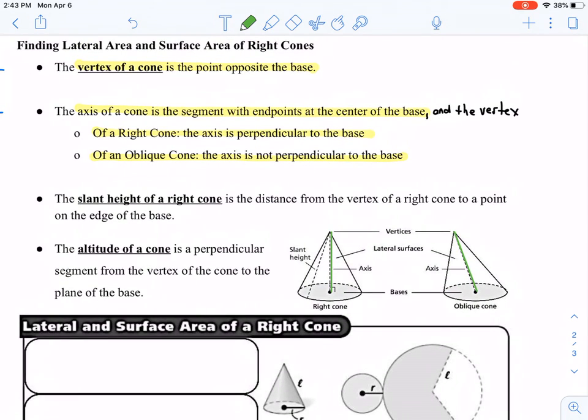Then we have the slant height. Slant height is very similar to that of a pyramid. It's the distance from the vertex of the right cone to a point on the edge, any point on the edge. And then the altitude, again, is the perpendicular segment from the vertex of a cone to the plane of the base.